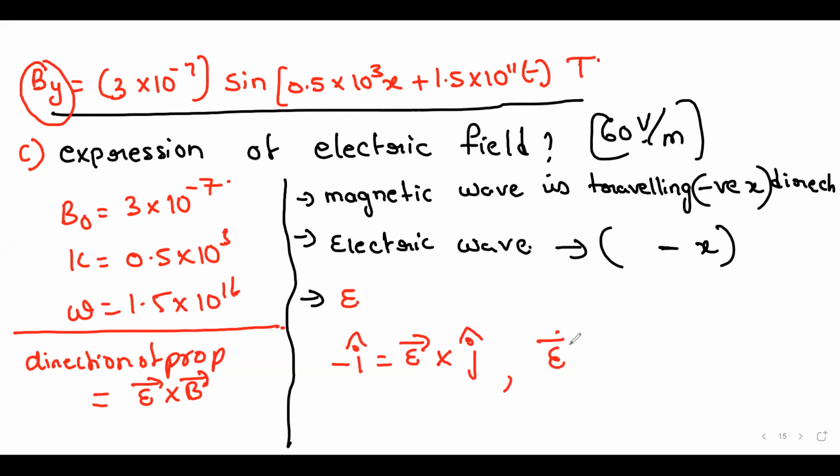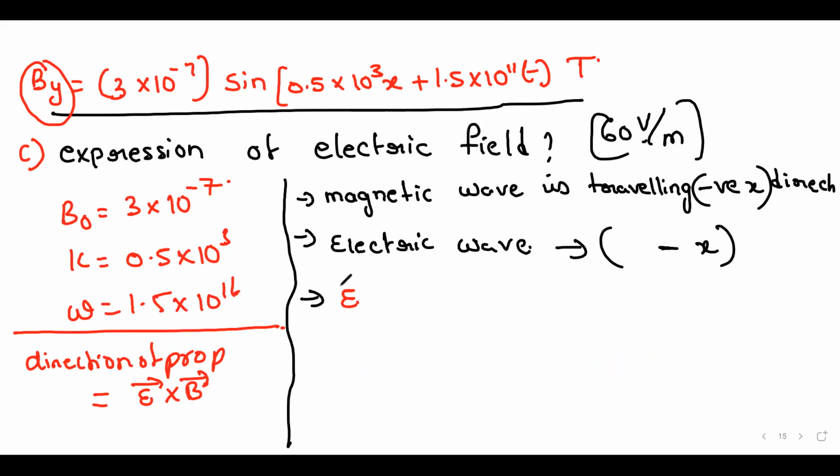So the electric field direction is k cap. Why? Because k cross j is equal to minus i. If we take minus k for the electric field, we get i, which is wrong, right? So here the electric field direction is Z direction.